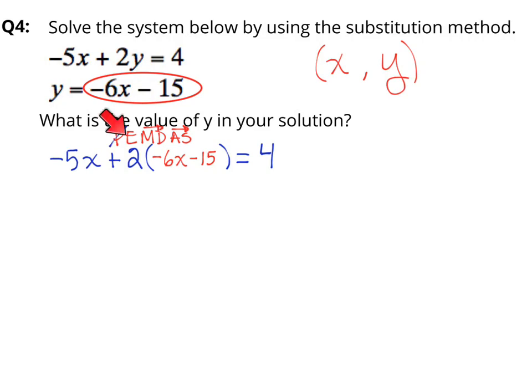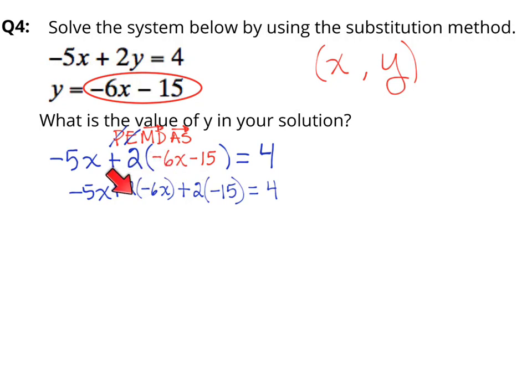Any exponents? No, I don't see any exponents, so that's also gone. Multiplication, division from left to right. Well, I do see multiplication. This is 2 times negative 6x and also 2 times negative 15. So I'm going to write that down right now. There we go. We have 2 times negative 6x and 2 times negative 15.